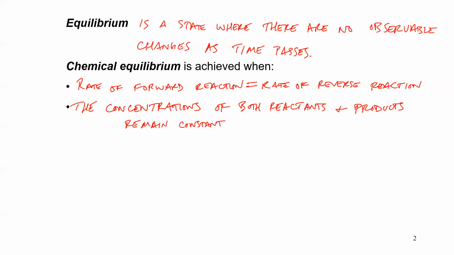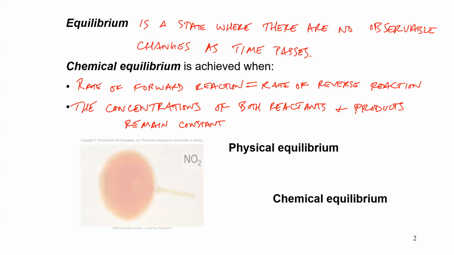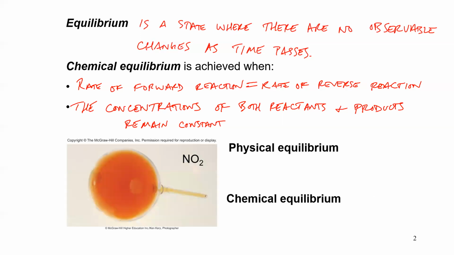And so if we look at some examples of equilibrium here, we can have it either in a physical sense, so states of matter, or we can have it in a chemical sense. And so we could have this equilibrium between solid water and liquid water. And we mentioned this a little bit in chapter 12 when we talked about phase changes.